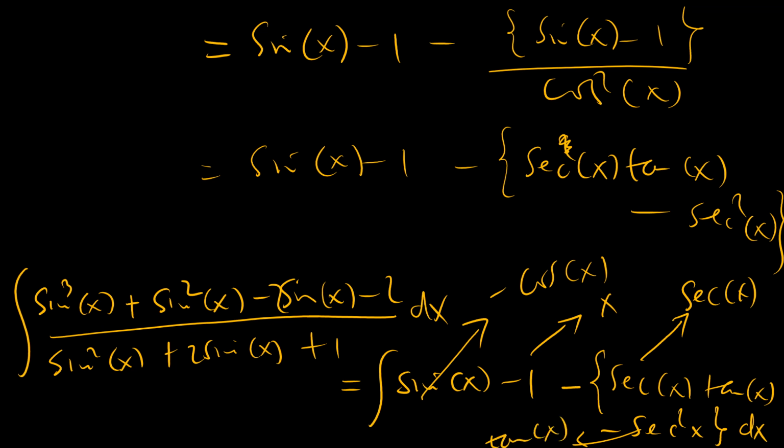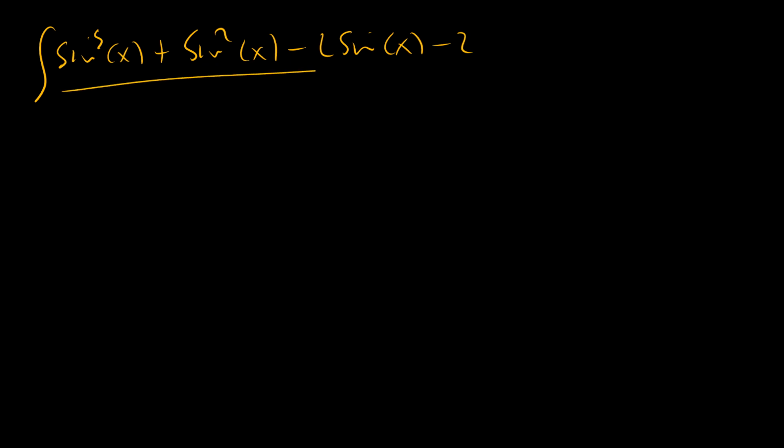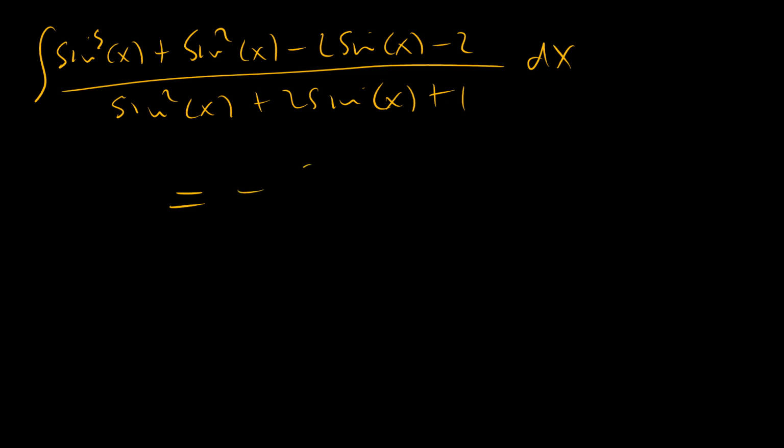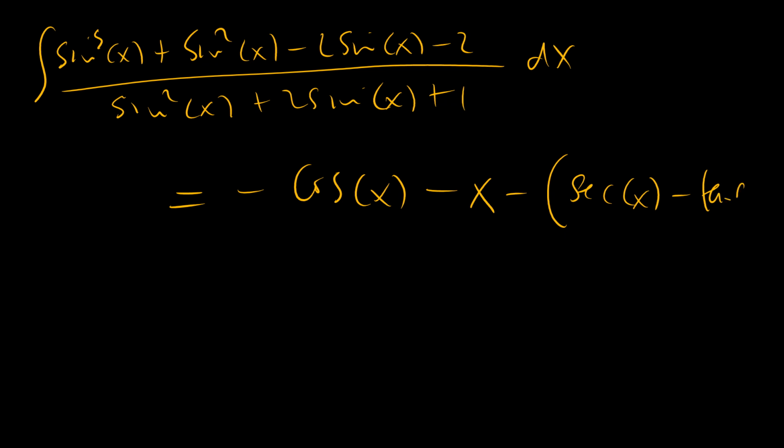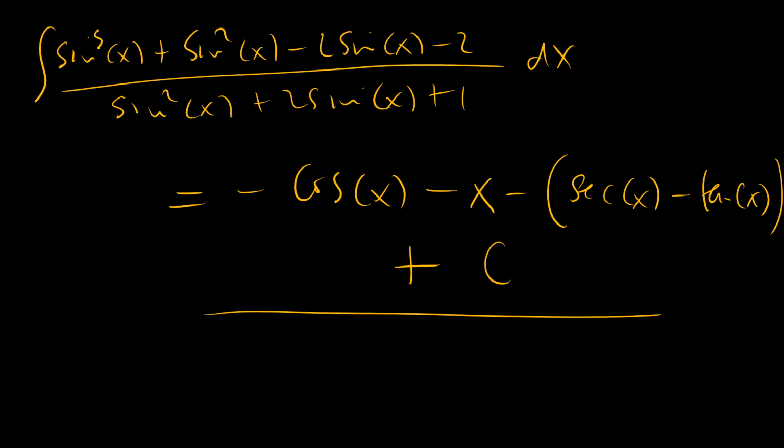So essentially the integral is negative cosine of x minus x minus, in brackets, sec x minus tangent of x, plus an integration constant, and that is the answer for the fifth problem.